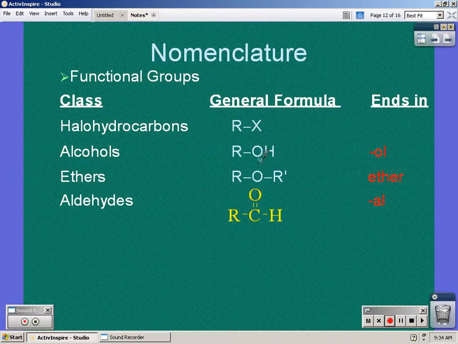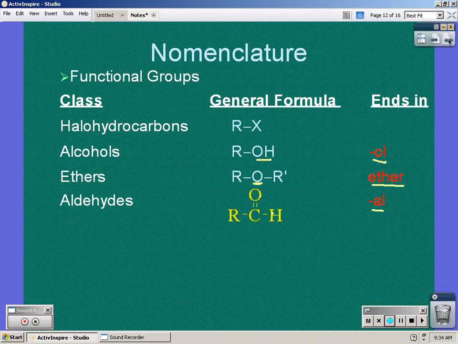Now when you name it, instead of ending it with ANE, ENE, or YNE, you would end it with OL to represent the alcohol. An ether, you have a chain of carbons, but in the middle of the chain you have an oxygen, so it kind of disrupts the chain. That's an ether. So at the end of the word you would actually put the word ether. An aldehyde, you have your chain of carbon, and the very last carbon has a double bonded oxygen with a hydrogen. And aldehydes end in AL.